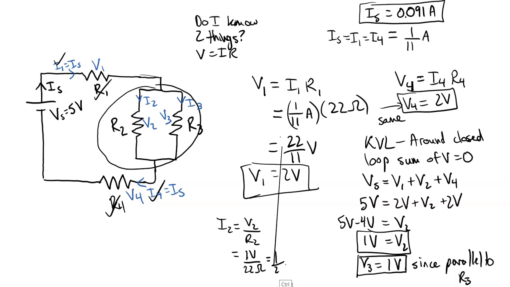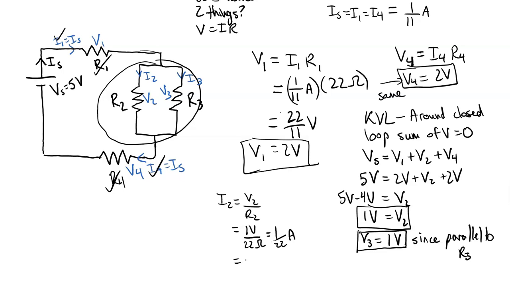And if I divide that out, 1 over 22 amps, I get 0.045 amps. So we could say that's equal to 0.045 amps. And that is in fact also equal to the current traveling through I3. We could use the same calculation to find that, or base it off the reasoning that because those resistances are the same, the currents are going to be the same.